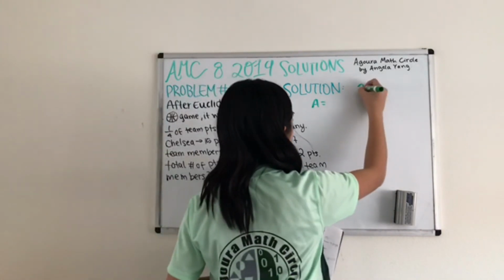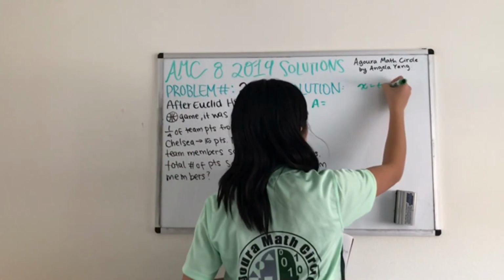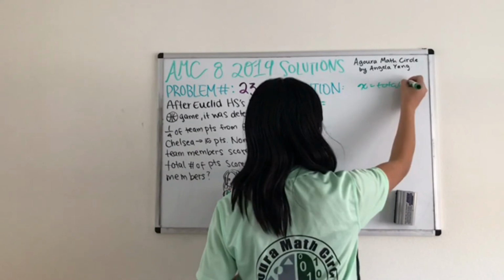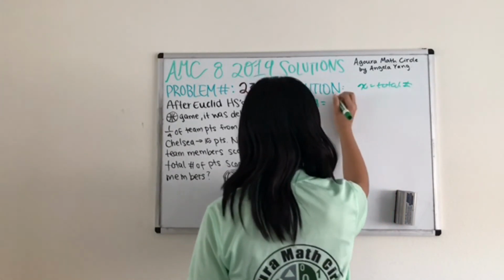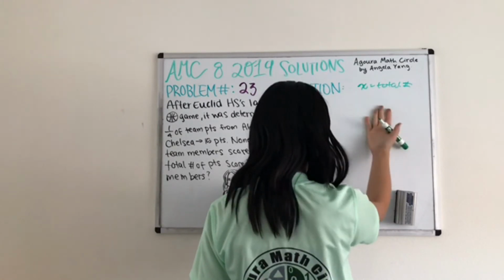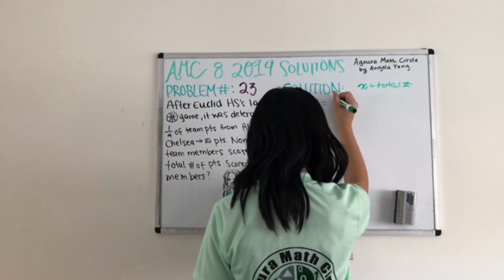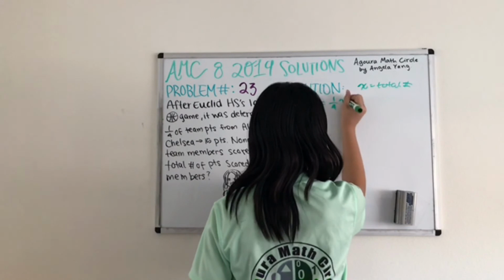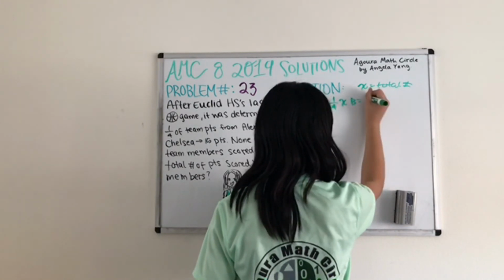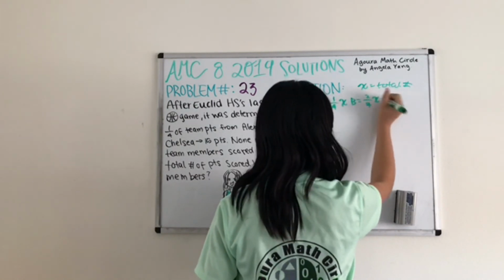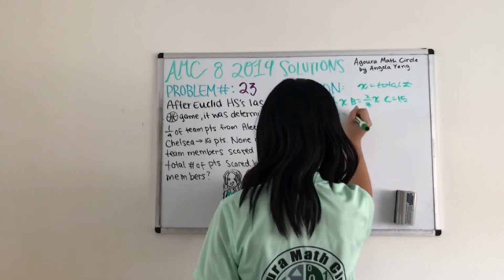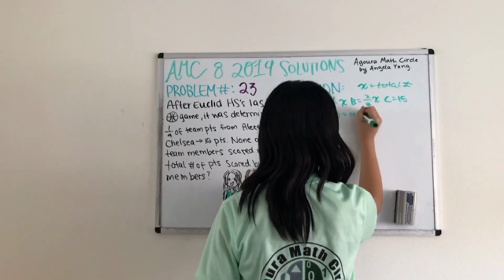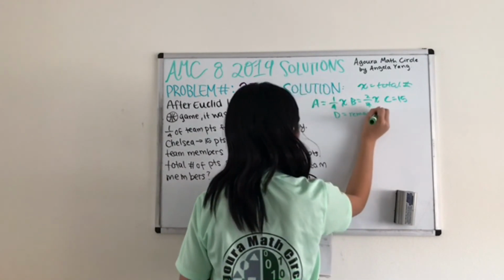So if X is the total number of points the team has gotten, then what we're trying to find here is D. So let's say A is 1/4 X, B equals to 2/7 X, C equals to 15, and D equals to the remaining points of the 17 team members.